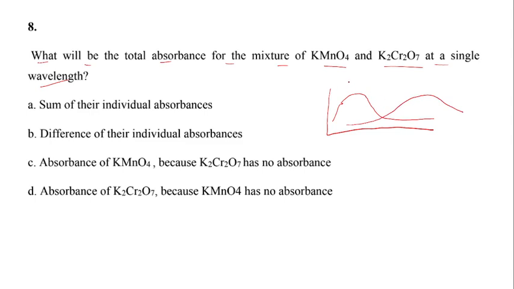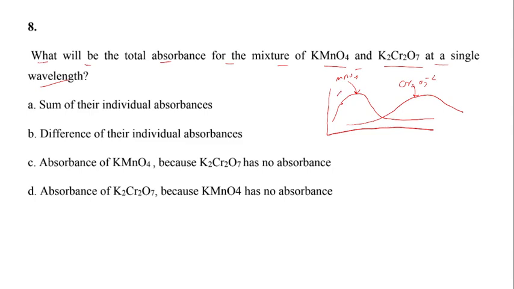Okay, so this peak is given by KMnO4 or MnO4 minus in the absence of K2Cr2O7. And this peak is given by K2Cr2O7 in the absence of MnO4 minus. But if both are present, then addition will be there.